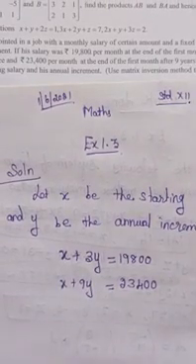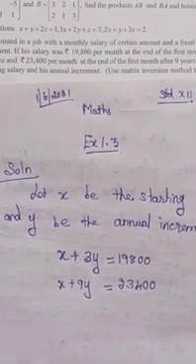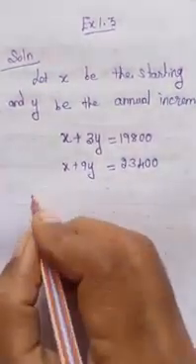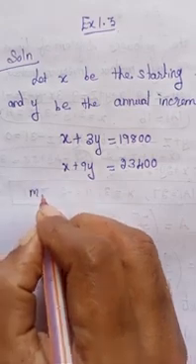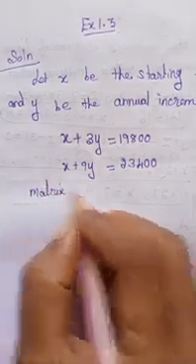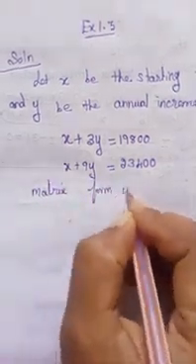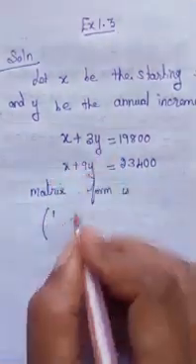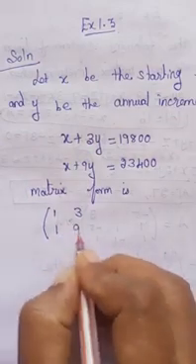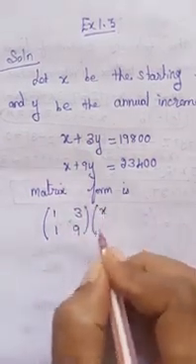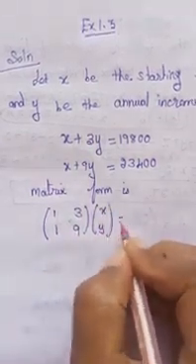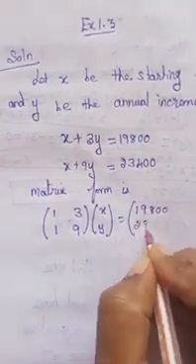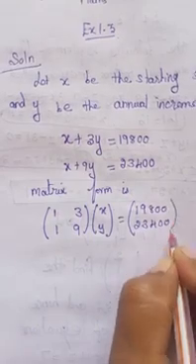Shall we solve it? Okay, matrix. First, we should write in matrix form, isn't it? So, matrix form is the coefficients 1, 3, 1, 9 into X, Y is equal to 19,800, 23,400.